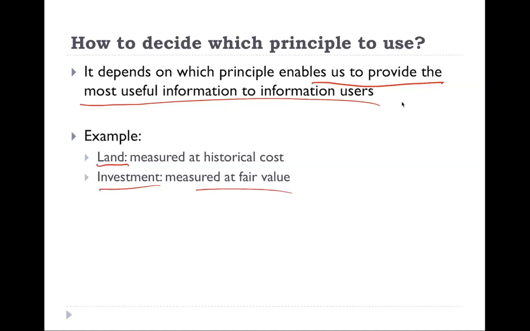The firm can sell the stock at any time, so measuring the stock at its fair value, $100, is more relevant and more useful information for investors, because that $100 is closer to the real value of the investment versus the $50 at which the investors bought it.